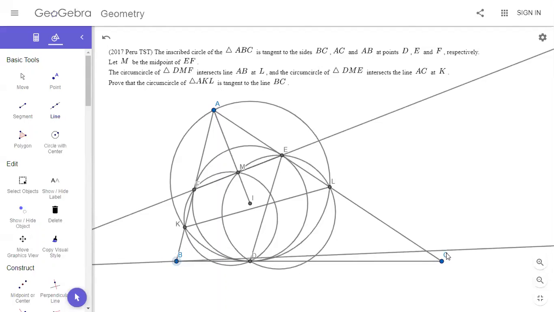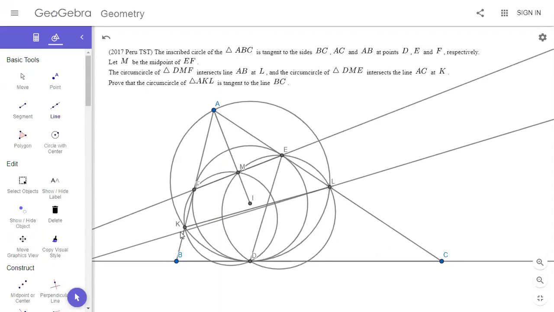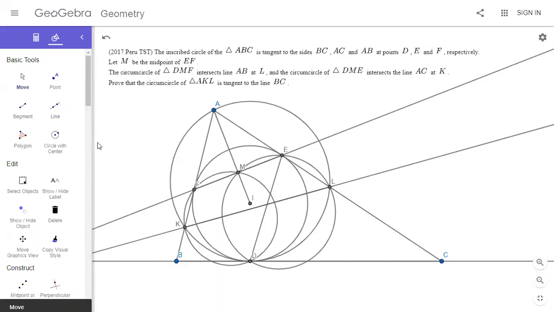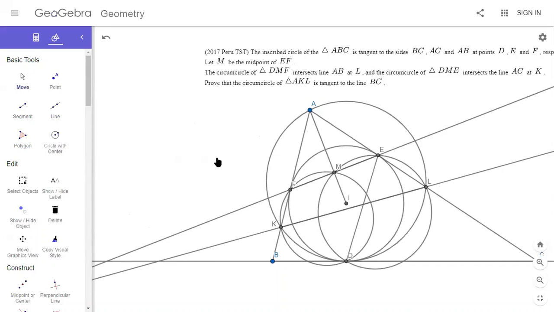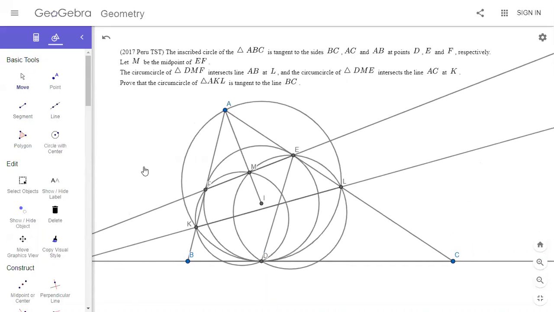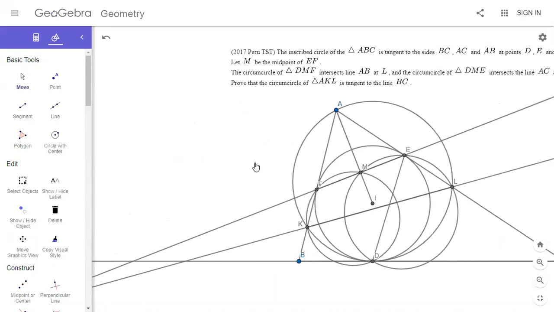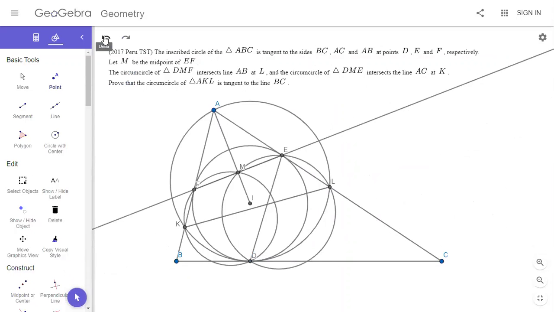So kind of going back to what Anmol was sort of thinking, I'm guessing, but no, I don't think KL bisects that segment. Maybe you were thinking something with projective geometry.